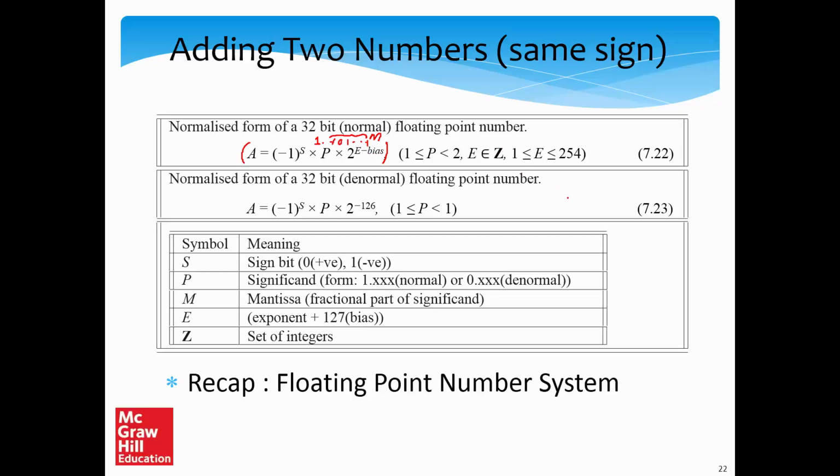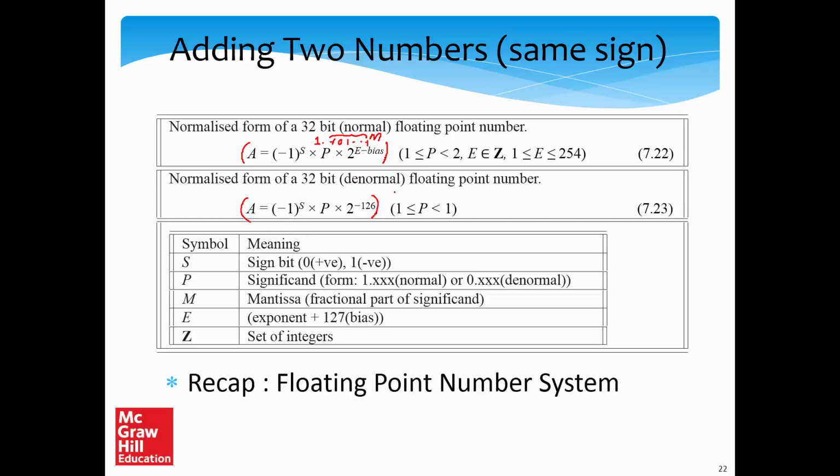We also took into account the fact that when the exponent is 0, we can have a special class of numbers called denormal numbers, where the standard form of a denormal number is as shown here.